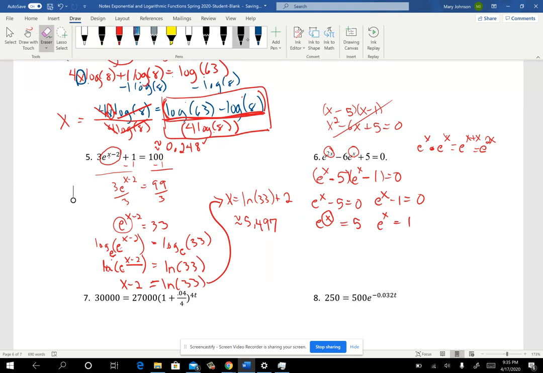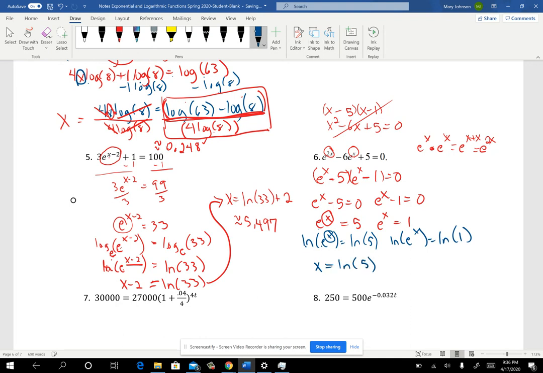What you have to do is log both sides, use a logarithm of some sort, and because this is base e, I'm going to use natural log, because it'll save me a step. I'm going to do that on both of these. If this is natural log and this is base e, I'm just going to have an x left there, and that would give me one exact answer.